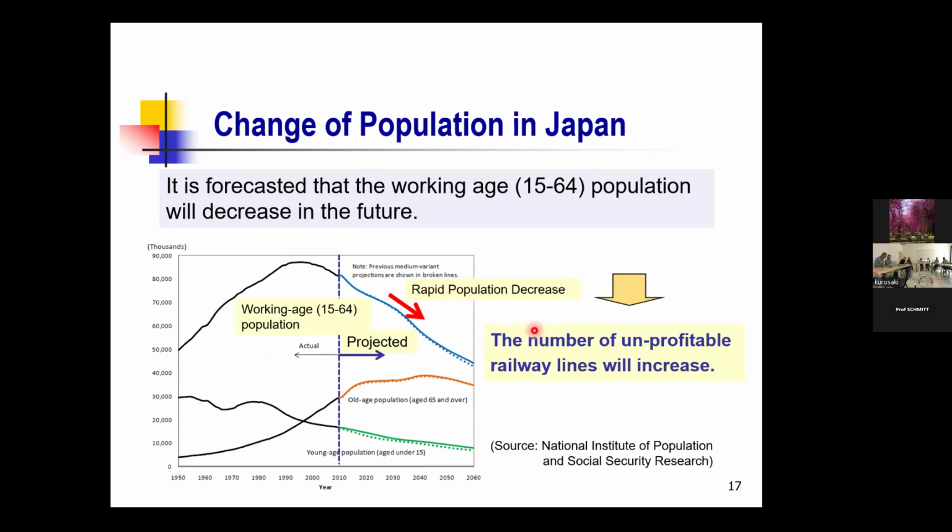This means that number of the railway passengers decrease and unprofitable railway lines increase. So the current management model should be modified in the future in Japan.